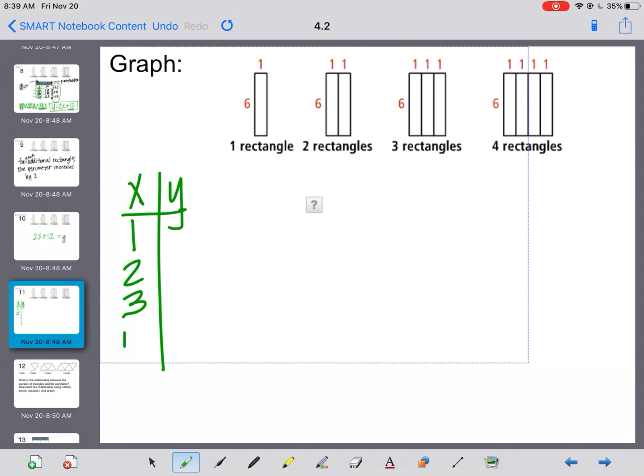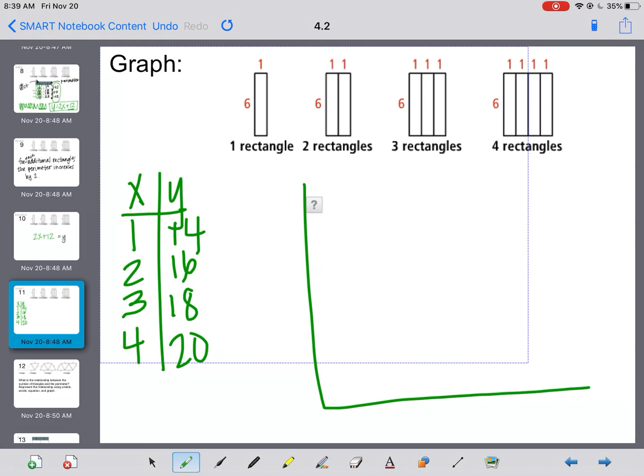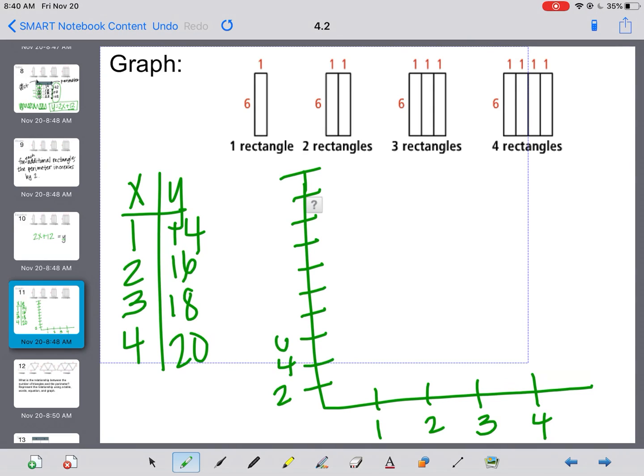All right, and the last thing they want you to do is to graph that. So all you're going to do is use the table that we had. And you're going to make a table. Your x-axis just needs the 1, 2, 3, 4. We need to get up to 20 on this side.